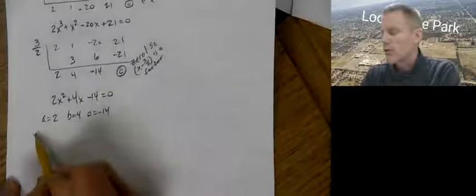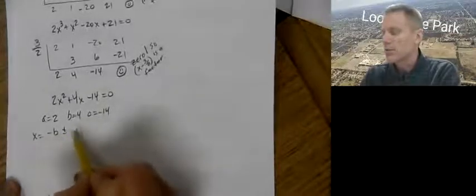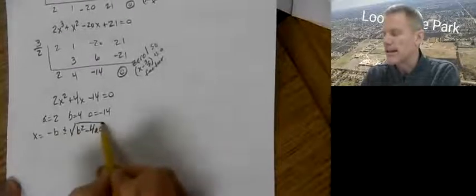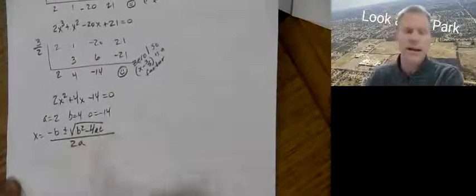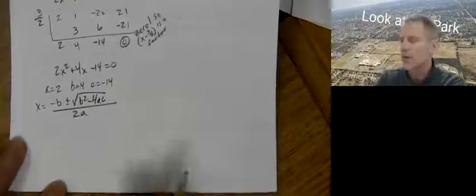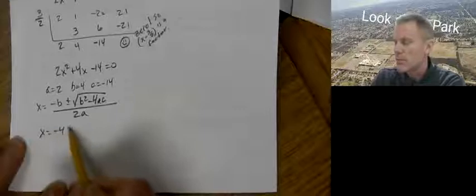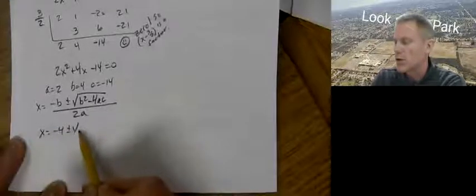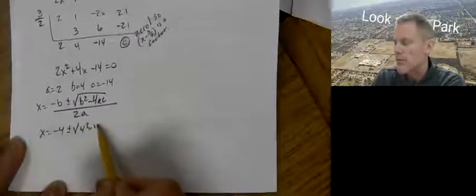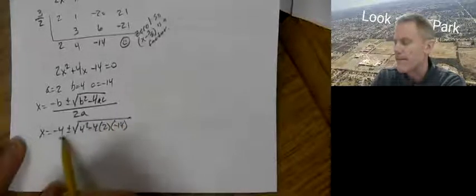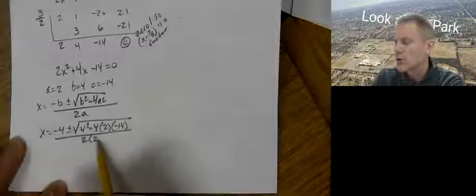So our quadratic formula is negative b plus or minus the square root of b squared minus 4ac all over 2a. You can plug in your numbers. Negative b plus or minus the square root of b squared minus 4ac all over 2 times a.